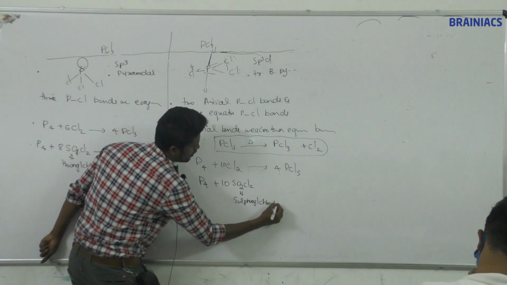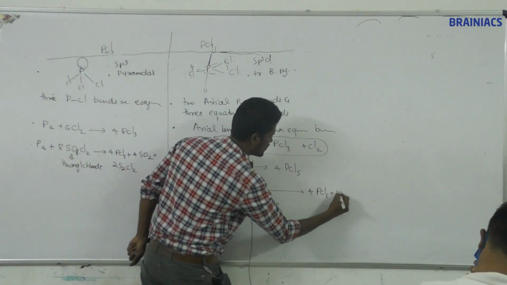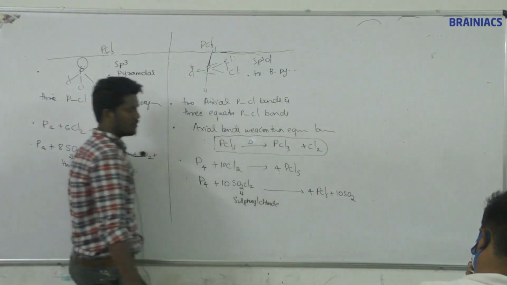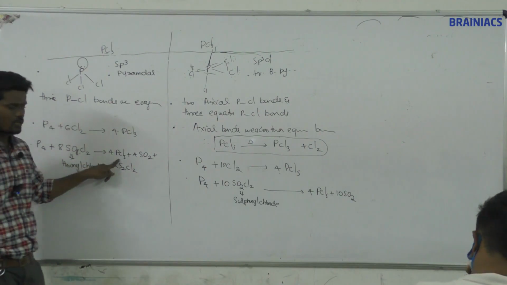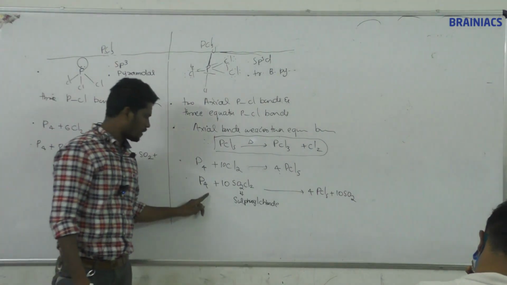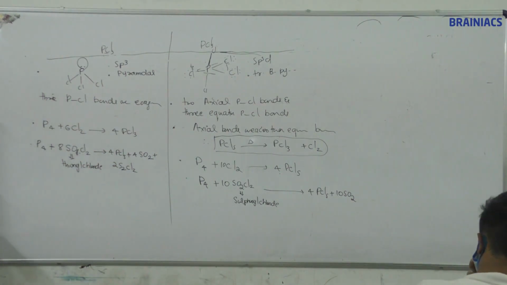Sulfuryl chloride gives what? 4 PCl5 plus 10 SO2. Okay, so white phosphorus reacted with thionyl chloride gives what? PCl3. White phosphorus reacted with sulfuryl chloride gives what? PCl5. Okay.